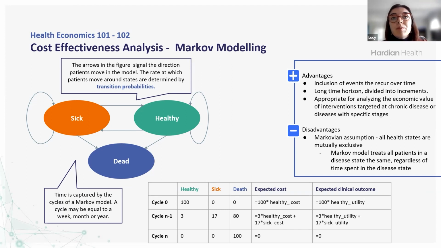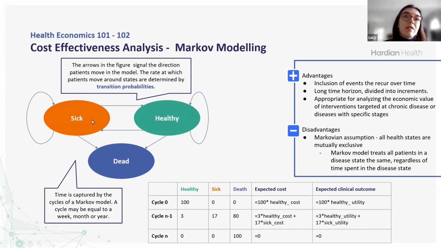The movements between these health states are determined by the transition probabilities, and they dictate the rate at which patients move across these health states. The main problem with Markov modeling is something called the Markovian assumption, and that pertains to the issue that these individual health states are mutually exclusive.